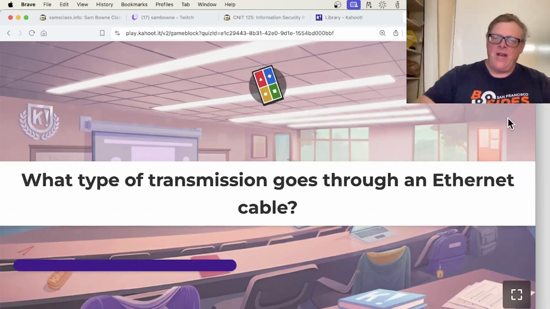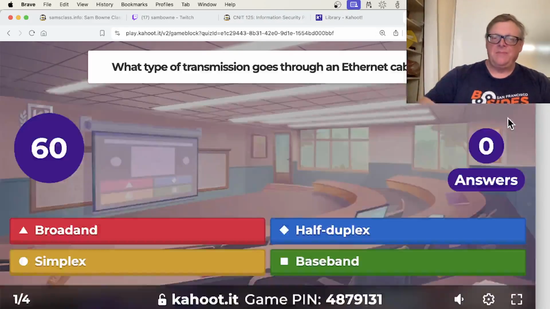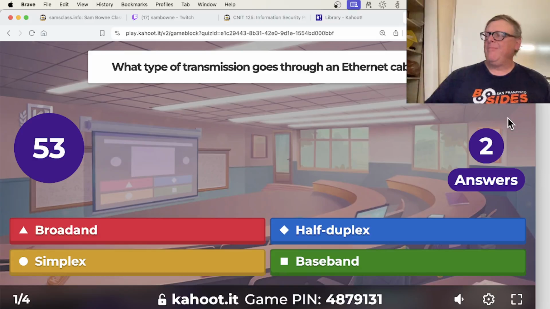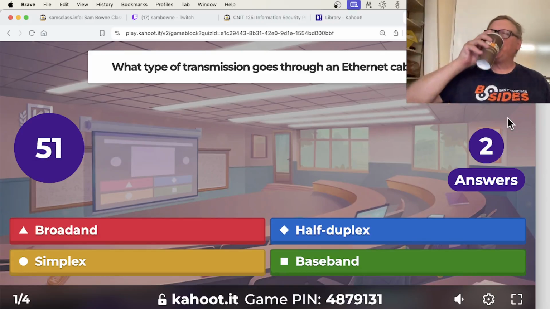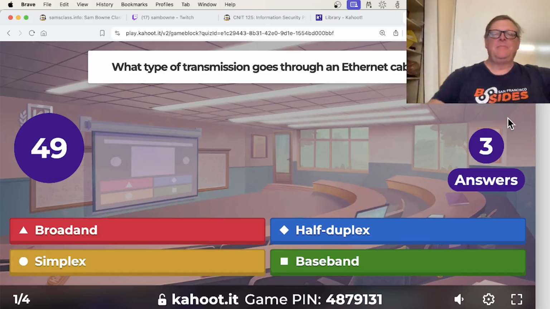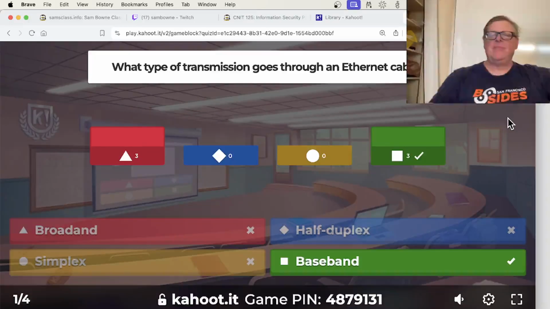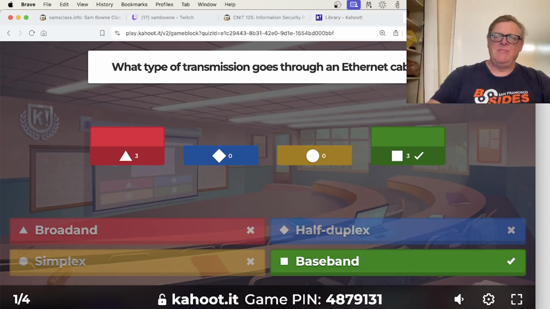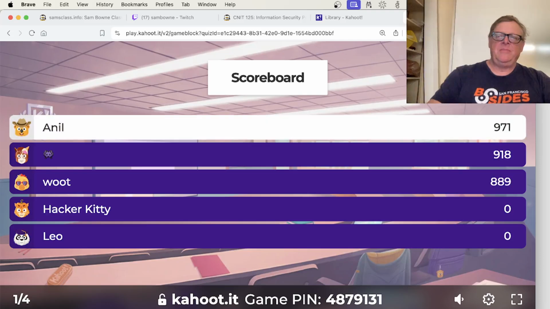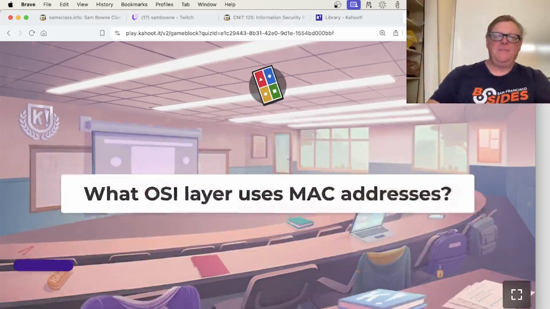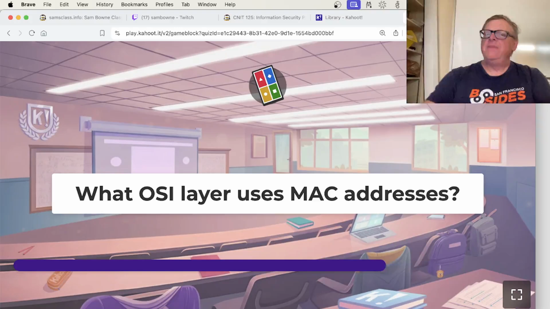All right. So what kind of transmission goes through an Ethernet cable? Yep, baseband. That's when you have all the bandwidth used for one channel. All right, which OSI layer uses MAC addresses?